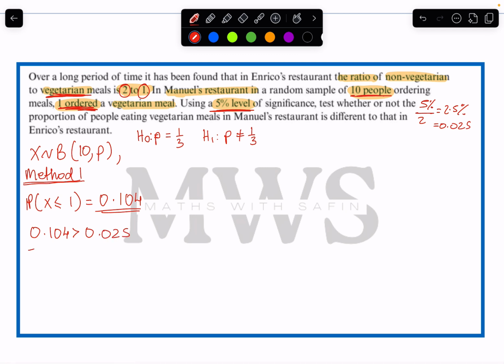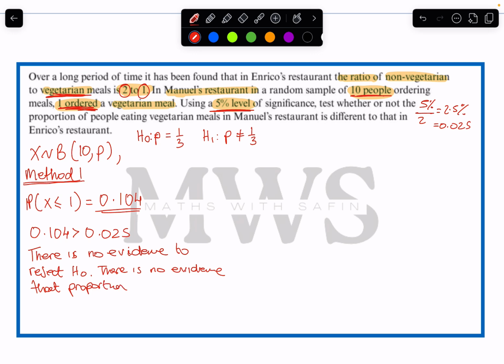That we can say clearly there is no evidence to reject H naught, and therefore there is no evidence that the proportion of vegetarian meals in Manuel's is different to Enrico's.